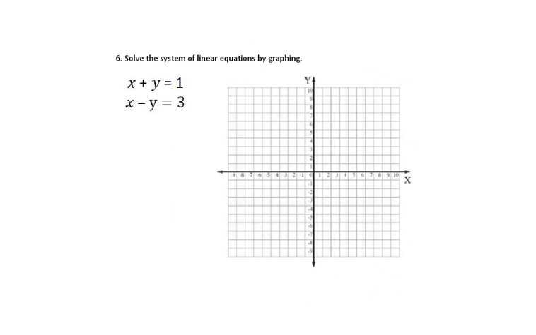Number 6. They would like us to solve the linear equation by graphing. And when letters are on the same side, like they are here, the easiest way to do this is replace x with 0 and replace y with 0. We have two equations, so let's do this one first.